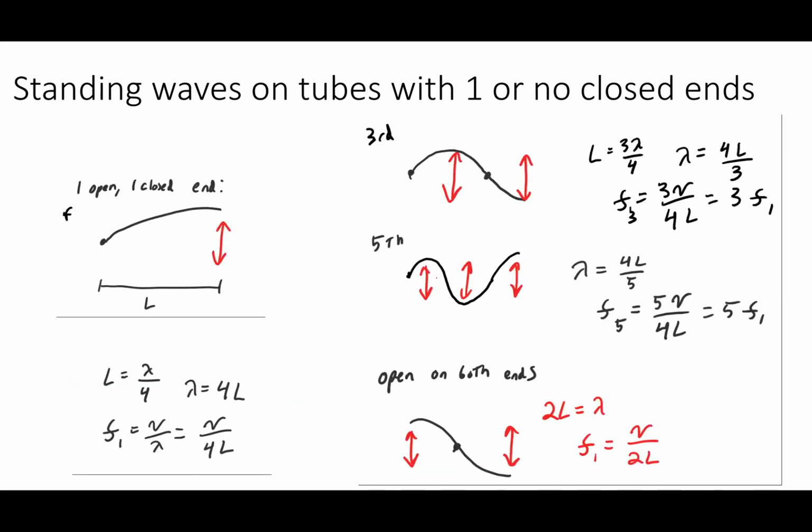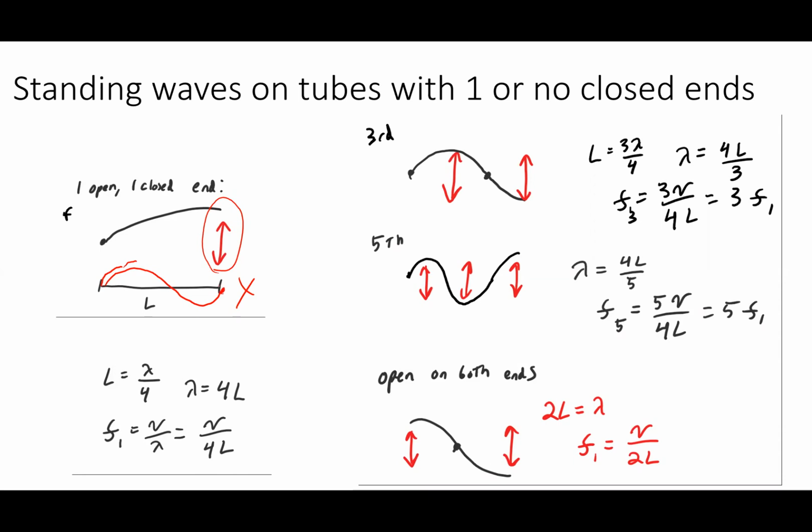That's kind of interesting because I actually only end up with odd harmonics in this case. If I double the frequency, I cut the wavelength in half, which means I would try to arrive at a solution that looks like this. But this violates my boundary conditions because it doesn't have a free end on the right there.